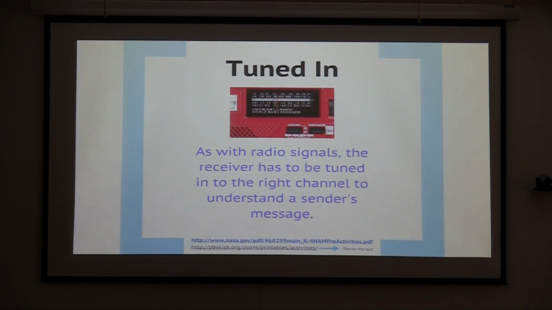Just like with radio signals in your car, if anybody has an actual radio anymore, not a Sirius XM radio, your receiver has to be tuned into the right channel to understand the message. So if you're trying to dial into 88.5, but you're on 88.6 or 88.4, that message is going to be very hard to hear because you're not tuned into the right signal.